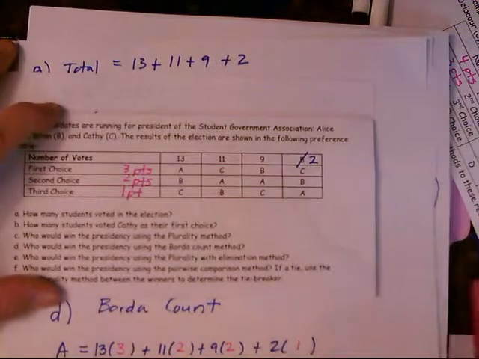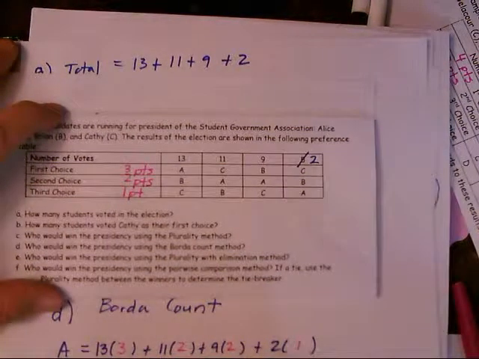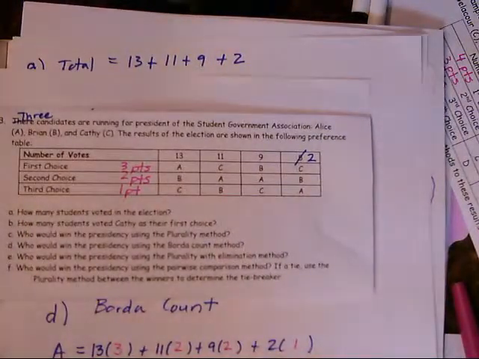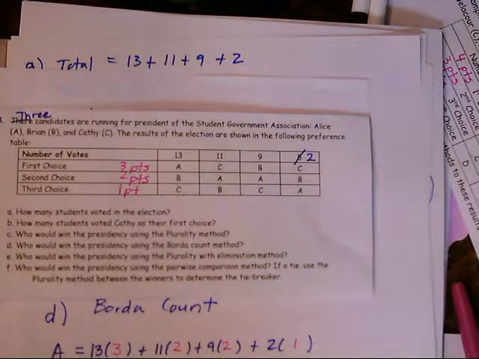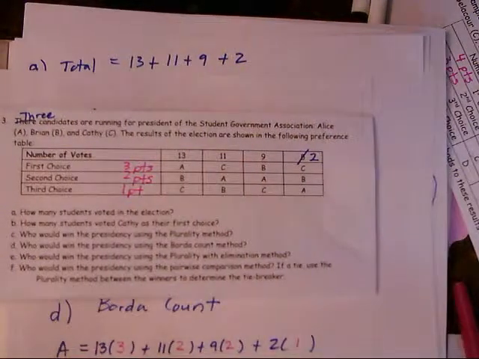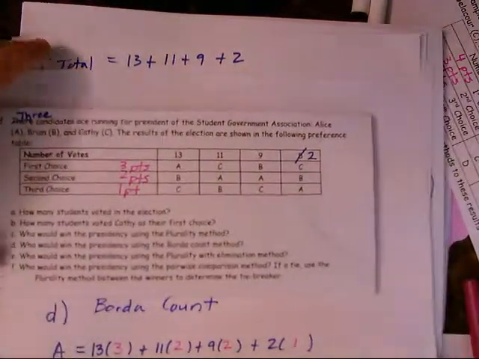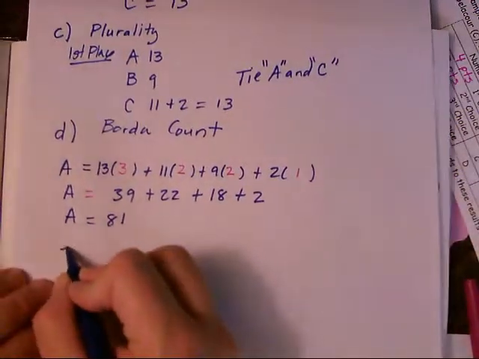Now we multiply and add. We're going to have 39 plus 22 plus 18 plus 2. Okay. 39 plus 22 plus 18 plus 2, giving us a total of 81 on the Borda count for candidate A. Okay, I'll slide that up. I guess you couldn't see all of that a second ago.